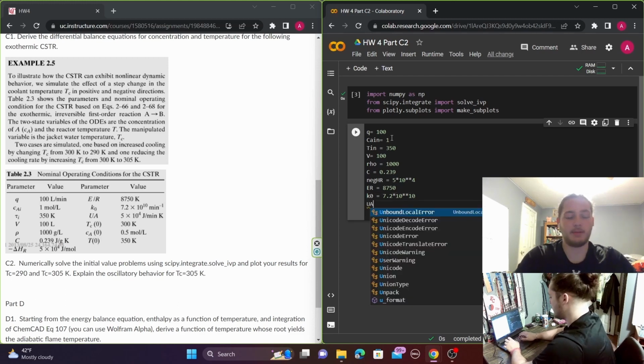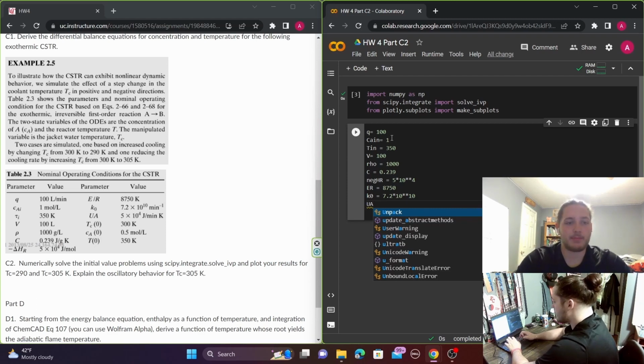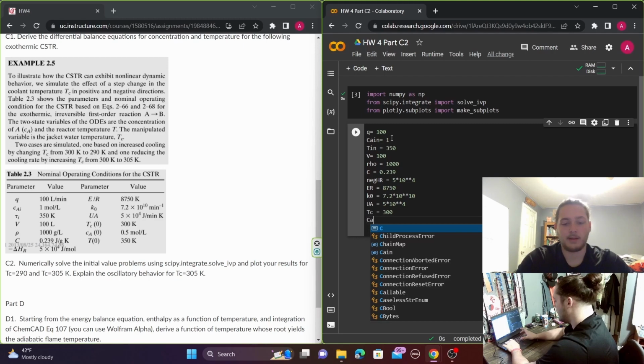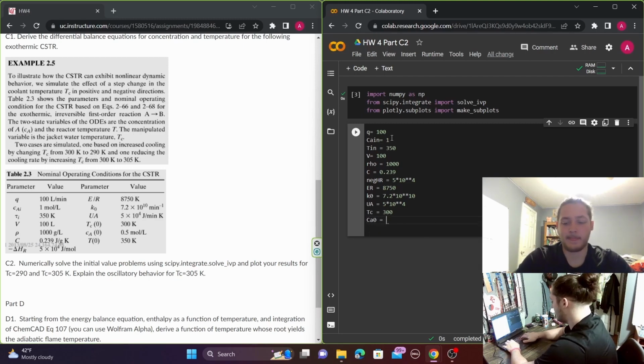Next we have our UA, which is our thermal energy heat coefficient, and that is equal to 5 times 10 raised to the 4th. And then we have Tc is equal to 300 kelvins, CA naught is equal to 0.5 moles per liter, and then we have T naught is equal to 350 kelvins.